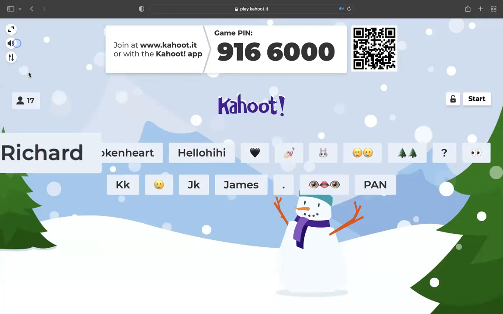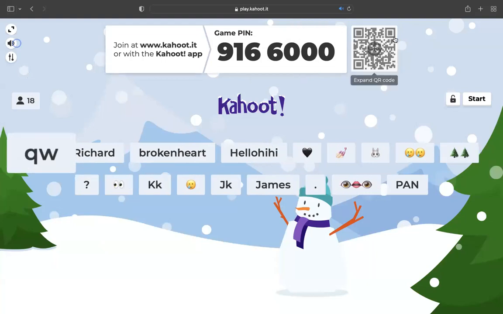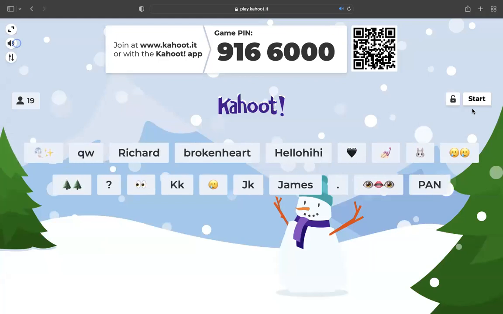Broken heart, who are you? I'm so sorry to hear that. Or you can scan the QR code on the screen. Okay, we got 18 pairs here, and 19 now.